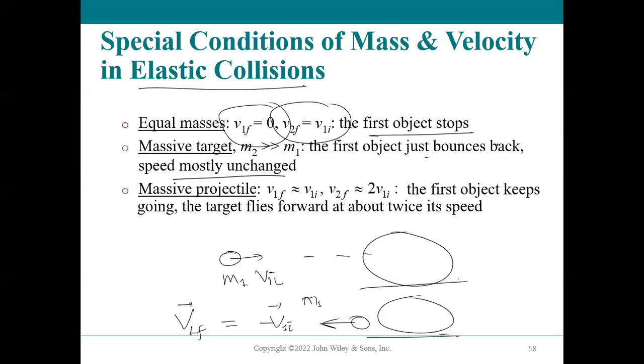It bounces back, and the speed is mostly unchanged. And for a massive projectile, v1 final is about the same as v1 initial, and v2 final is roughly twice the initial speed. The first object keeps going, and the target flies forward at about twice the speed.